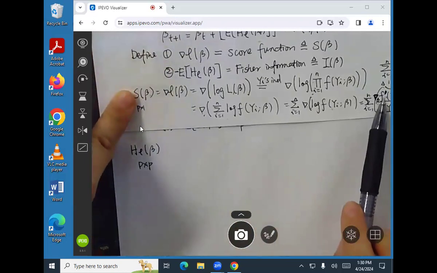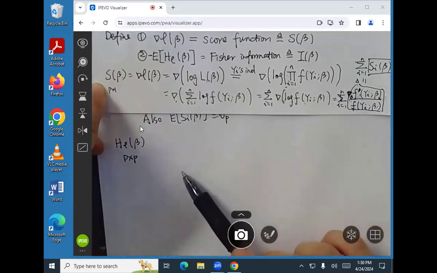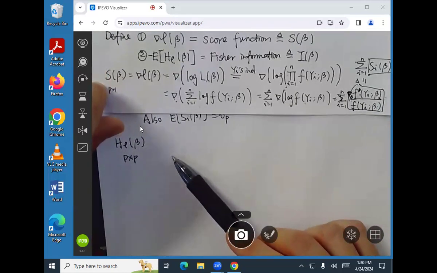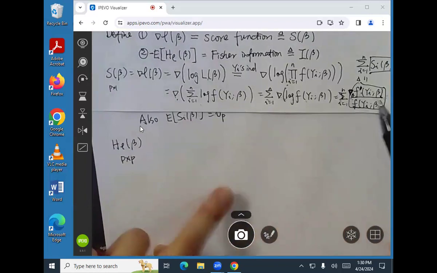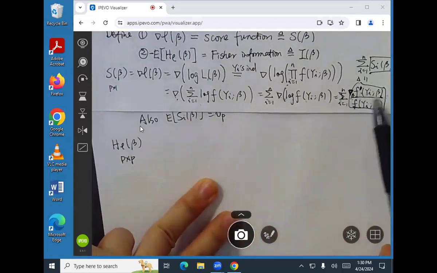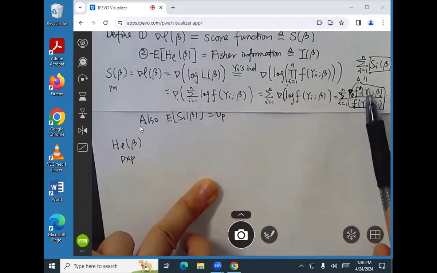Okay, then from here, let's continue. Given this S beta being this term, we continue to derive the Hessian. When you take the derivative of a ratio, you know the formula, right? You square the denominator. You take the derivative of the numerator times the denominator, minus the numerator times the derivative of the denominator.